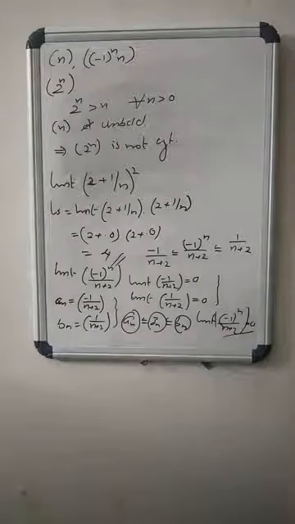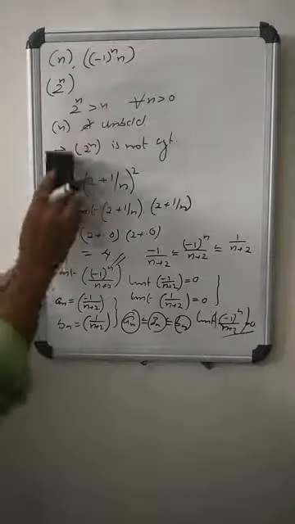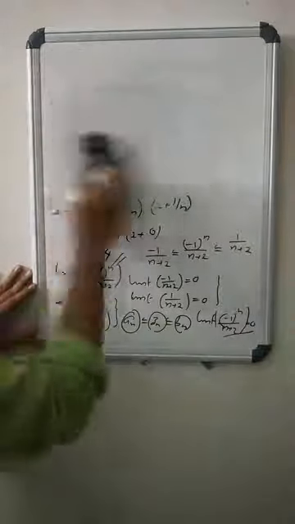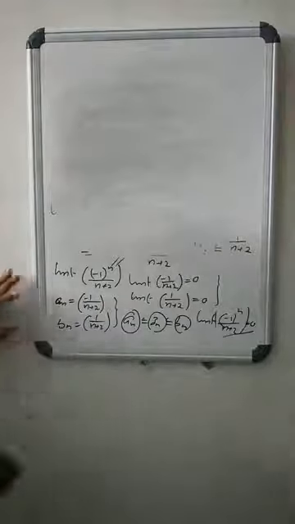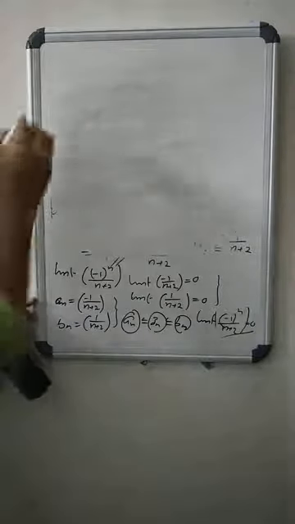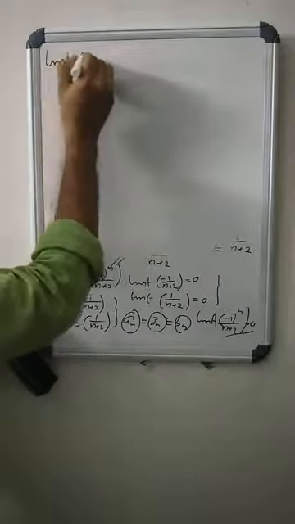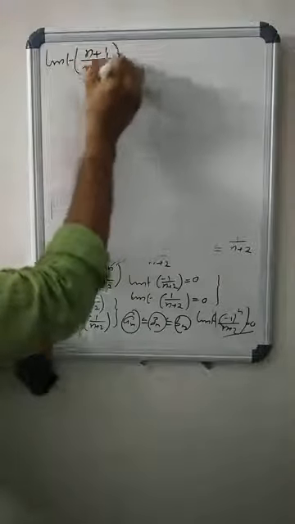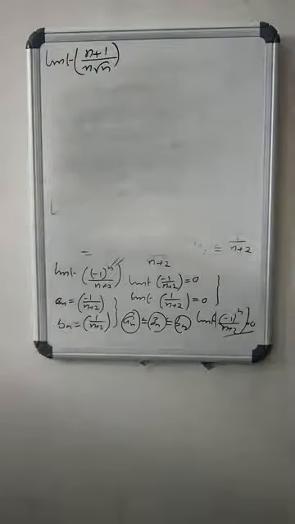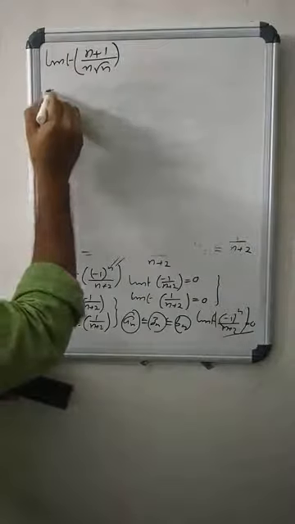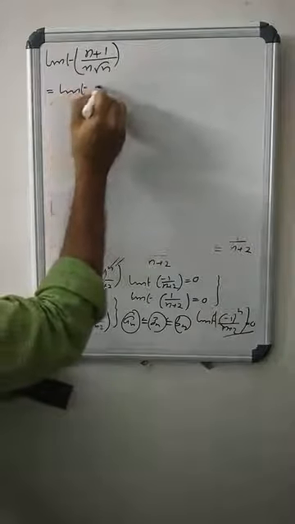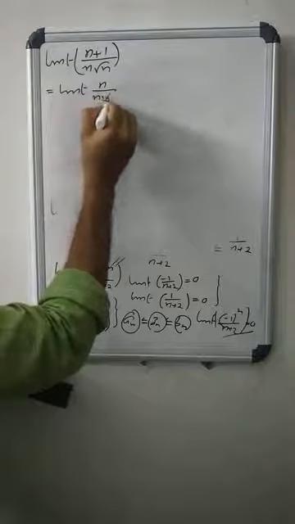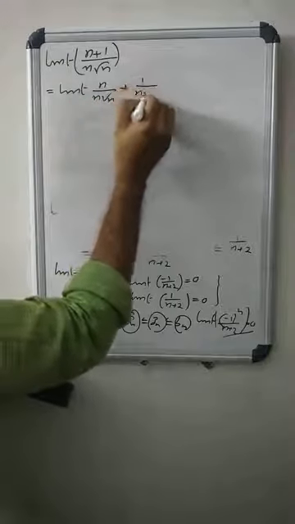Now, find the limit of (n + 1)/(n root n). How to find this one? This can be rewritten as n/(n root n) plus 1/(n root n).